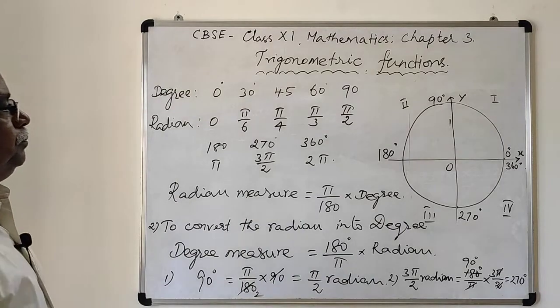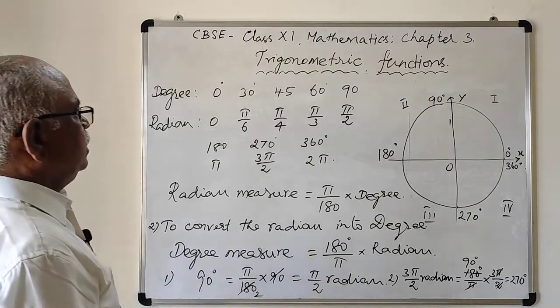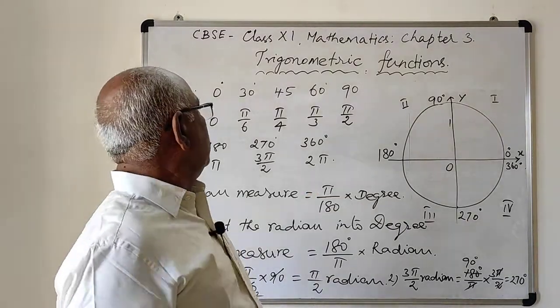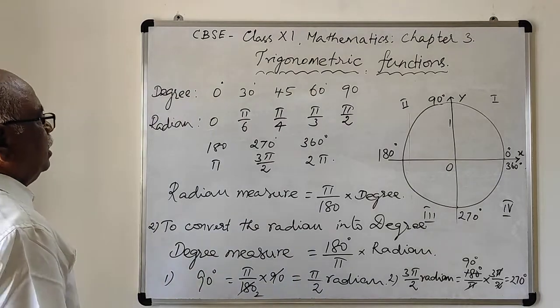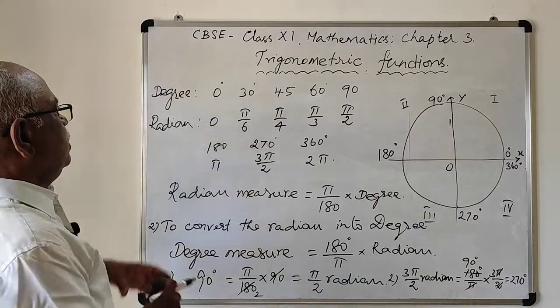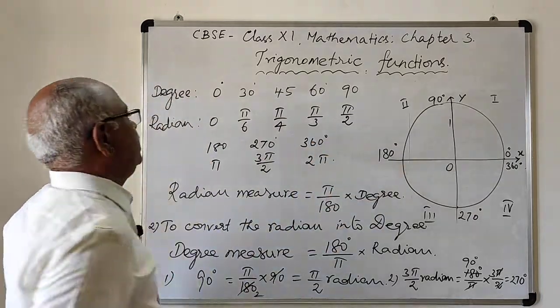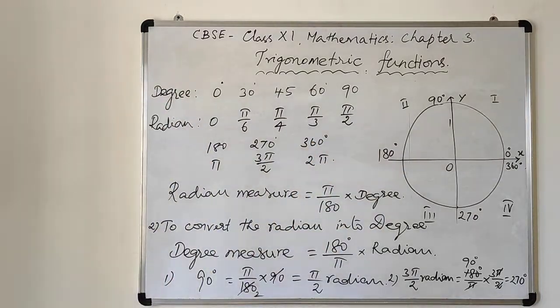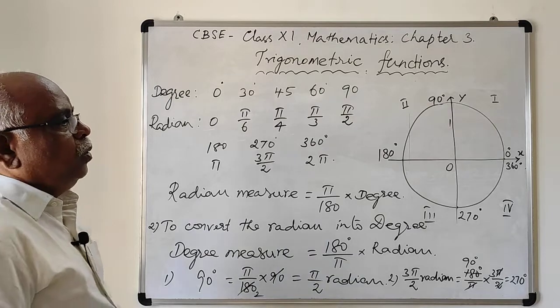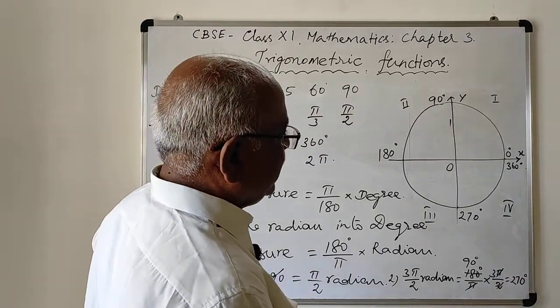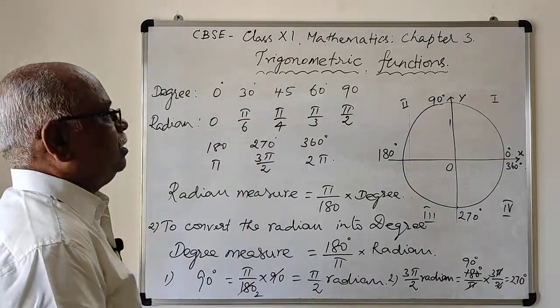That's all. This is the radian measure and degree measures of some values: 0, 30, 45, 60, 90, 180, 270, 360. You remember these values, and now I am going to introduce the trigonometric ratios.